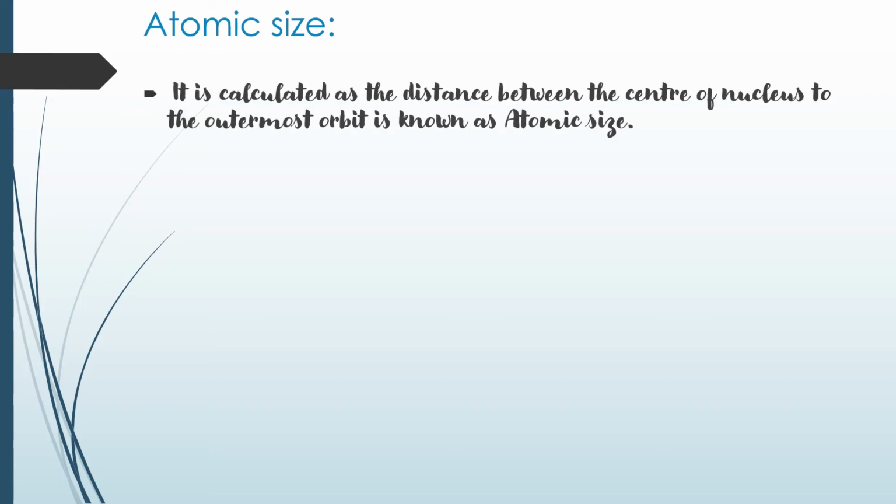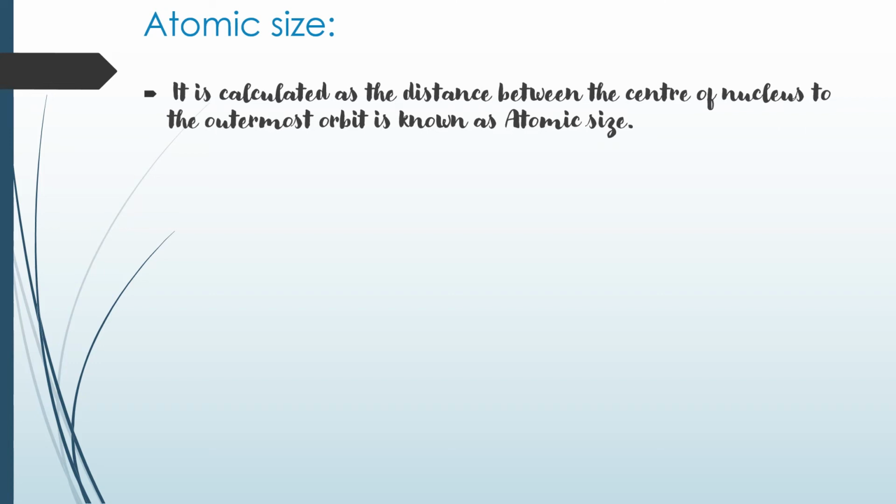Now we are going to see the important property, atomic size. It is calculated as the distance between the center of the nucleus to the outermost orbit. Sometimes atoms do not exist independently. They form molecules. In that case, we take the internuclear distance, that is, the distance between the nuclei of the two atoms.